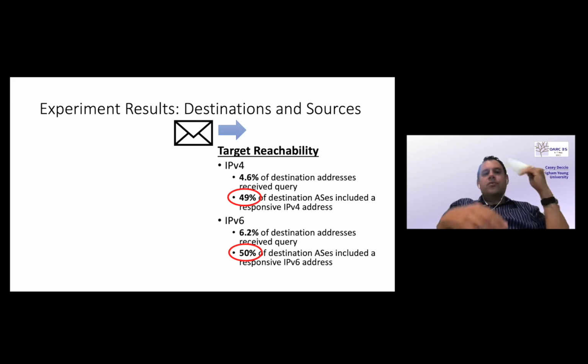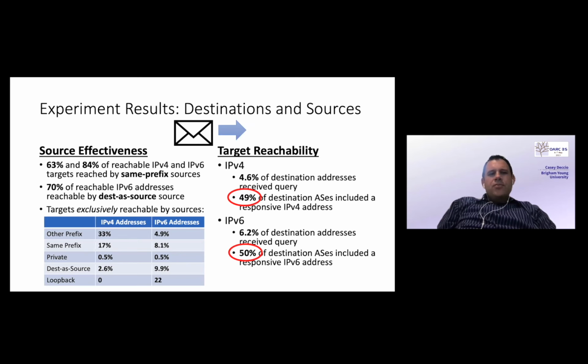In other words, one that was reached by one of our spoofed source queries, by the fact that it gave a query to our authoritative servers. We also broke this down to see the effectiveness of the different sources that we were guessing, because we had these 5 categories.